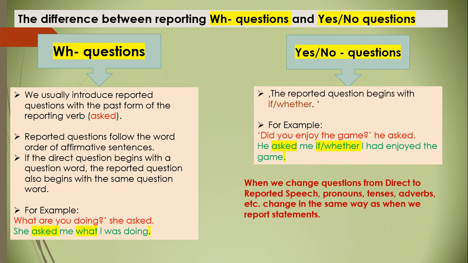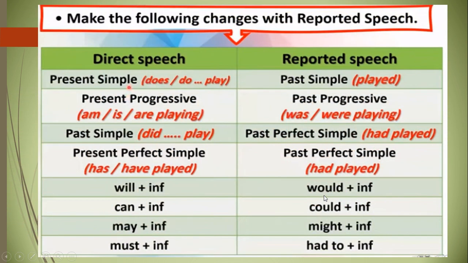When we change questions from direct to reported speech, pronouns, tenses, adverbs, etc. change in the same way as when we report statements. Do you remember these changes? For example, present simple does, do, play changes to played. Present progressive am, is, are playing changes to was, were playing.